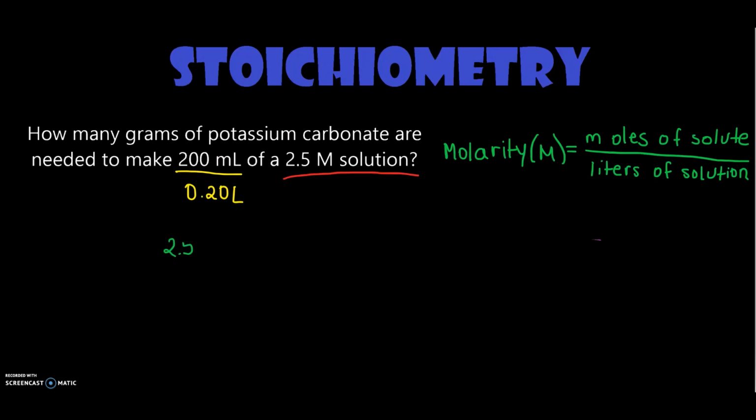And we will start by plugging in the 2.5 molar equals the moles of solute, which is unknown, so I'm just putting moles. You could put X, as later on when you're crossing out all the units, you will be led to moles. So then you divide it by the liters of solution, which is 0.20 liters.